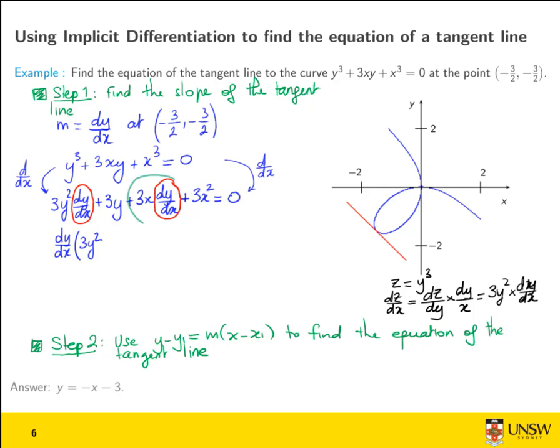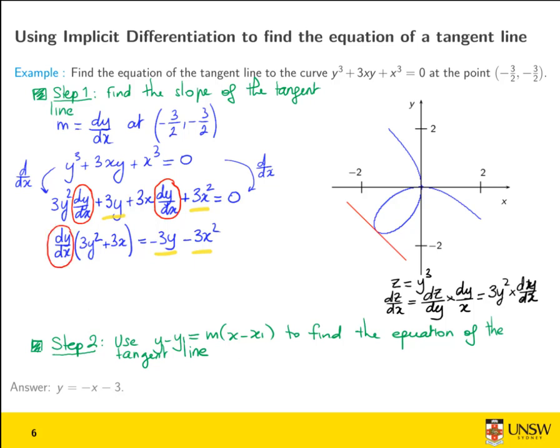Similarly, if we look at this term, we get dy/dx times 3x, so in this bracket we get plus 3x. Now we are left with these two terms, which don't have a dy/dx in them. So what we're going to do is subtract them from both sides. If I subtract 3y and 3x squared from both sides, I get this.